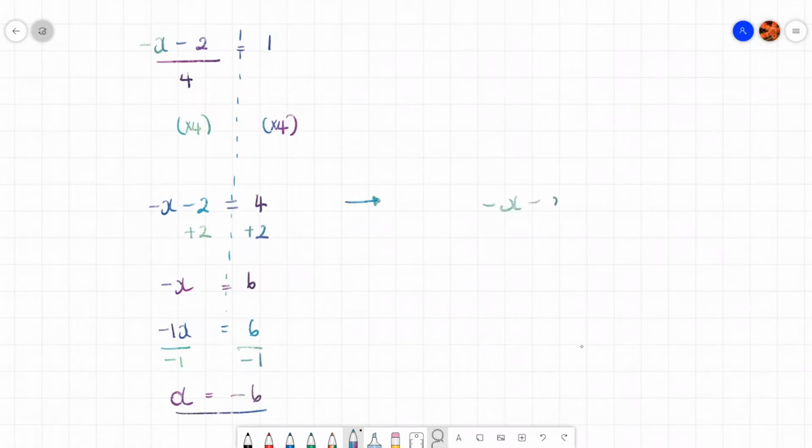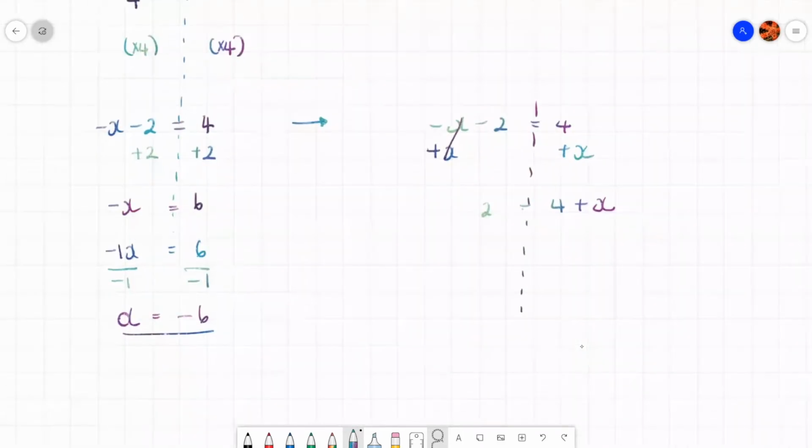In this situation here, if I was to get rid of the x by adding x on both sides, I would have minus 2 equals 4 add x, because here minus x plus x would cancel. Then I would just need to get rid of the 4, and 2 take away 4 is minus, oops, that's a minus 2, isn't it?